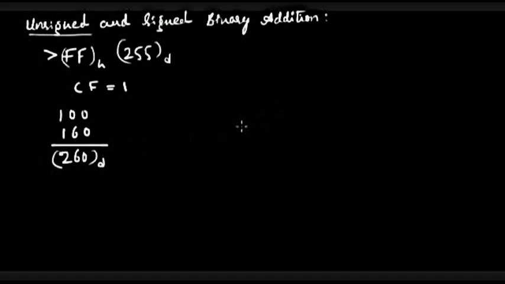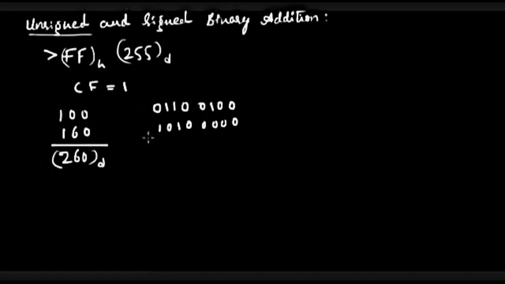The binary equivalent of 100 is 0110 0100, and binary equivalent of 160 is 1010 0000.